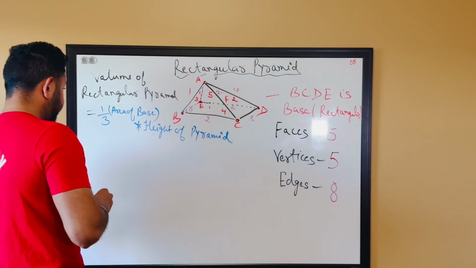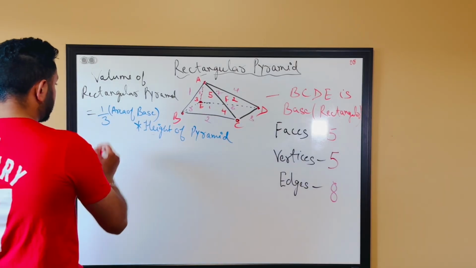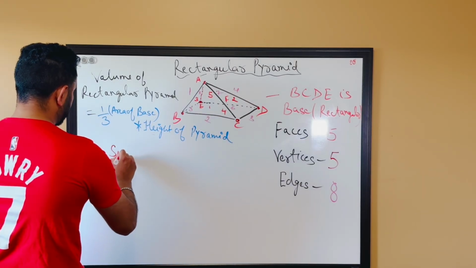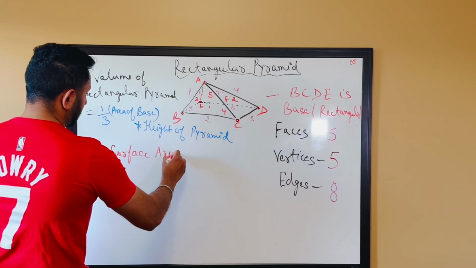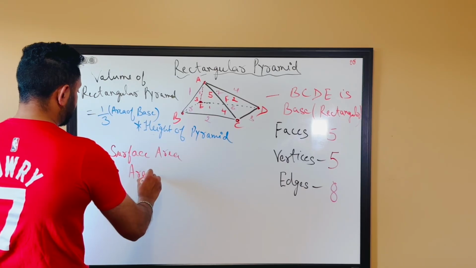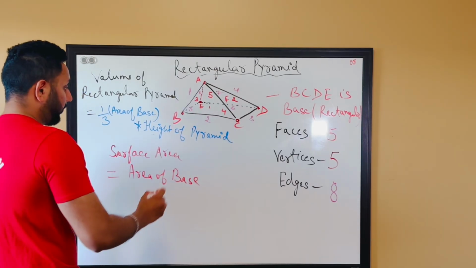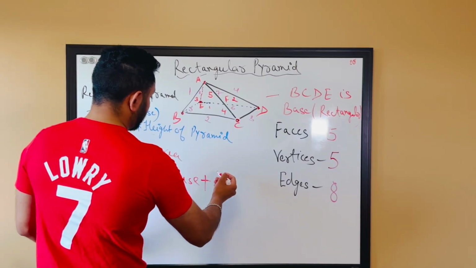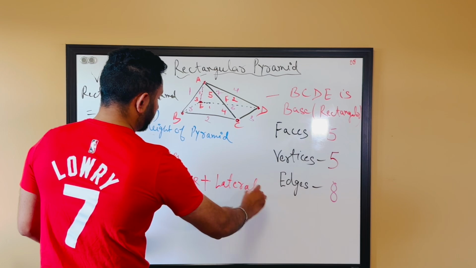And now move to the surface area formula, which is area of the base, which is a rectangle, plus lateral surface area.